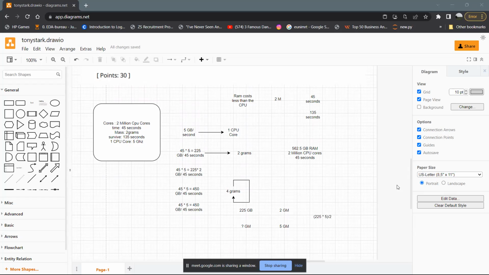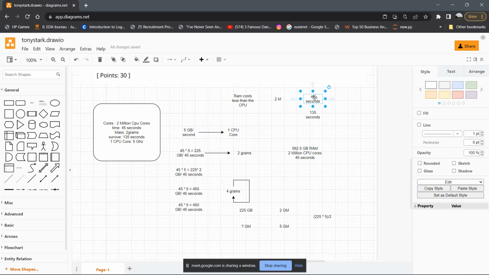We are using 2 million CPU cores when it is 45 seconds. Now if I'm increasing the time to 135 seconds, how many CPU cores can we decrease, and what is the number we can get to?